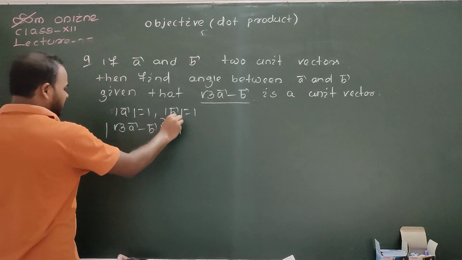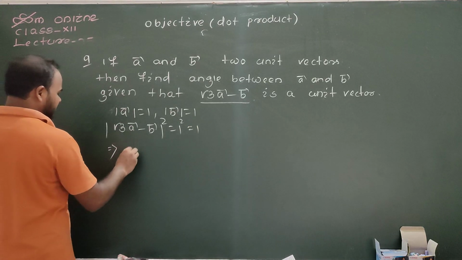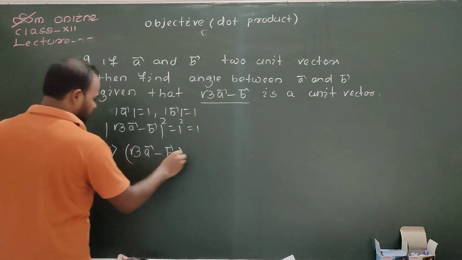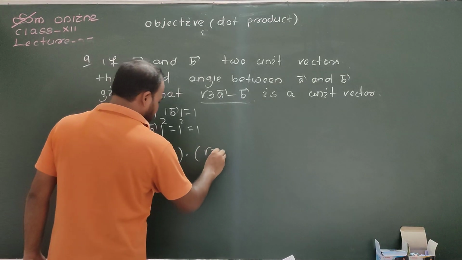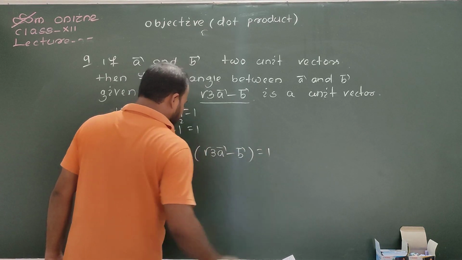Then we square it, that is 1, and this is equal to what? That is root 3 into vector A minus vector B dot root 3 into vector A minus vector B equal to 1.